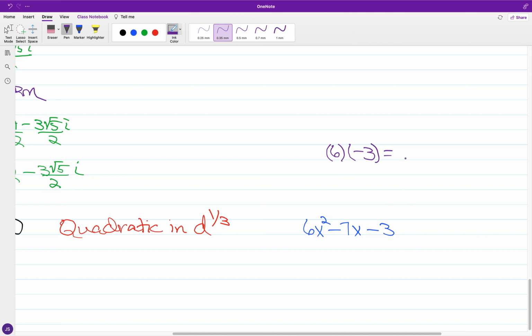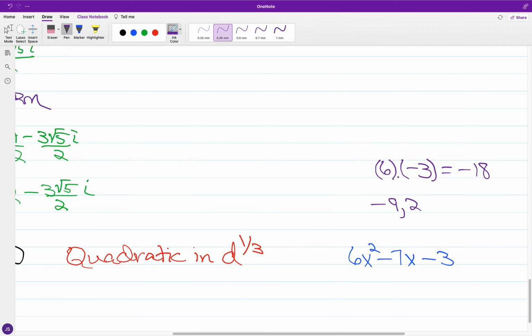And 6 times negative 3 is negative 18. Now, which factors of negative 18 will add up to negative 7? Those numbers will be negative 9 and 2.